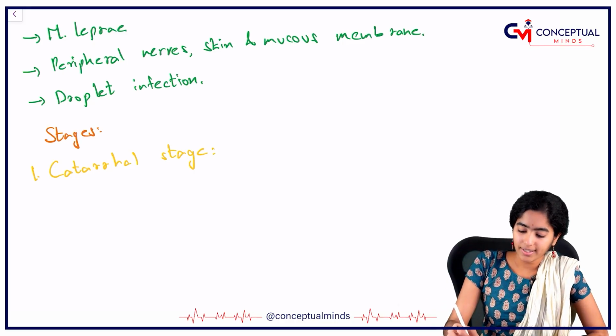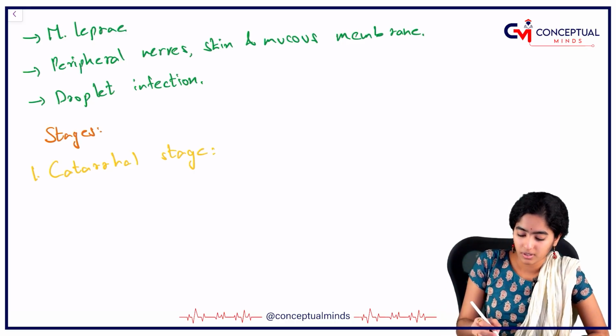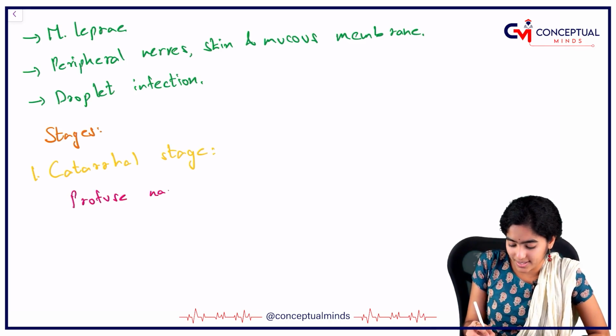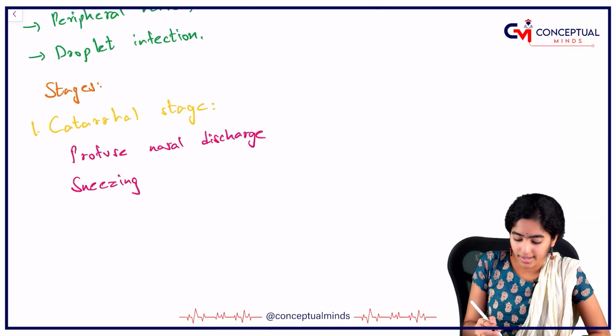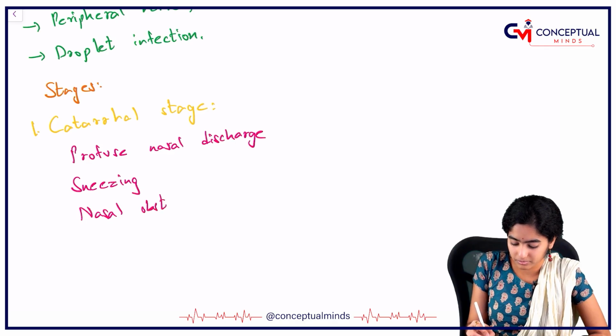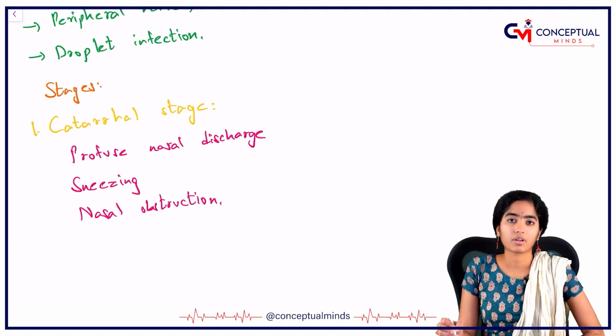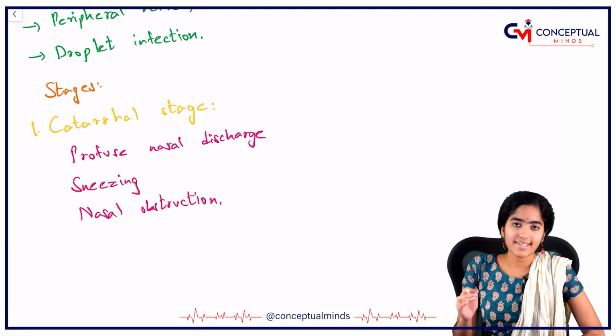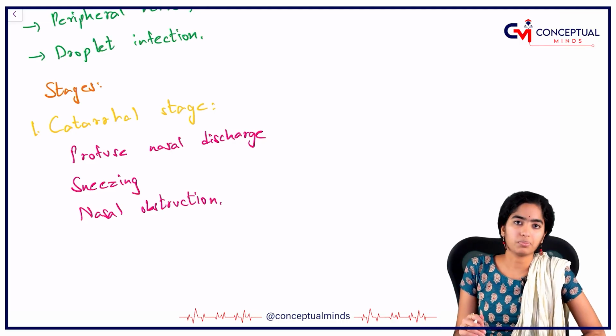Okay. So in catarrhal stage, there is profuse nasal discharge, sneezing and nasal obstruction. Now this is the most infective stage where the disease can spread from one person to another person.